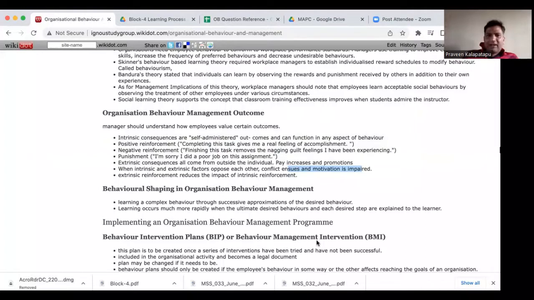If you do that, you will get a salary increment, but you are not happy. So there is a conflict, and in that case motivation is seriously impaired. Extrinsic reinforcement reduces the impact of intrinsic. The extrinsic really impacts the way the intrinsic acts. I think this point is very obvious.